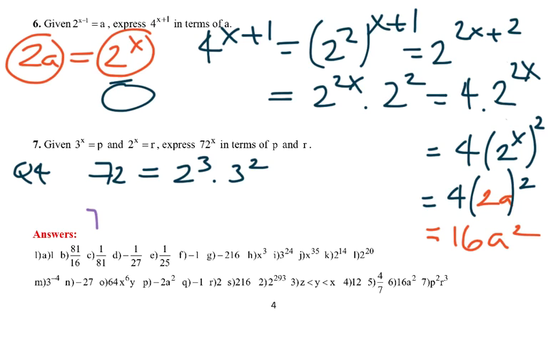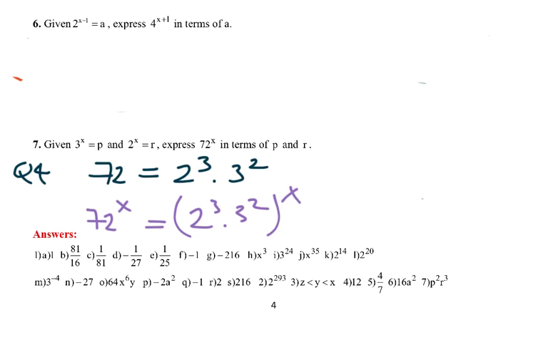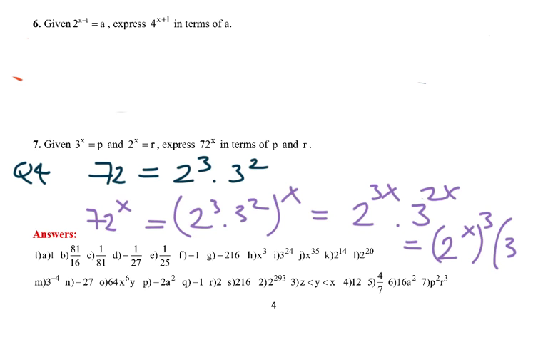So 72 to the power x is going to be 2 cubed 3 squared to the power x, which is equal to 2 to the 3x, 3 to the 2x, and then we can write those as 2 to the power x to the power 3, 3 to the power x to the power 2, and now substitute these in, p and r.